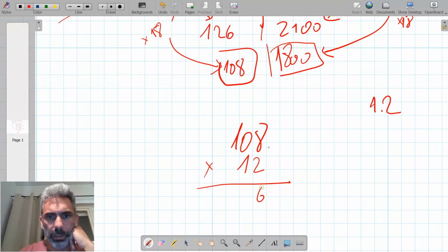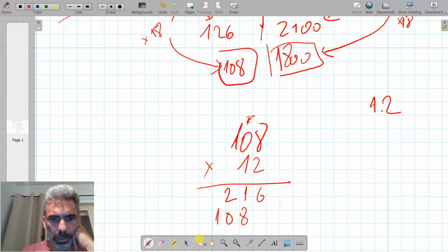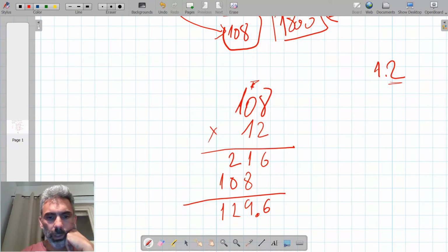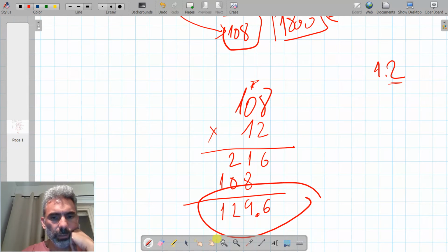Two times 8 is 16. 2 times 0 is 0, plus 1 is 1. 2 times 1 is 2. 1 times 8 is 8. 1 times 0 is 0. 1 times 1 is 1. 6, 9, 2, 1. And I need to shift the decimal point 1 place to the left because I have 1 digit to the right of the decimal point. So the answer is $129.6.